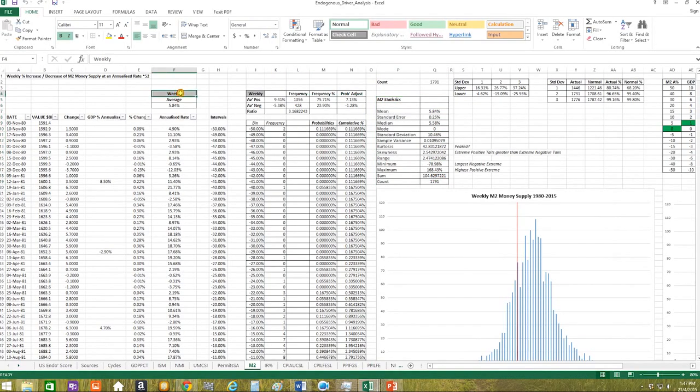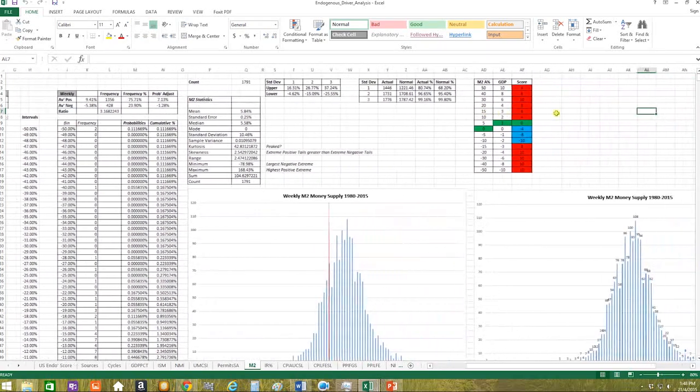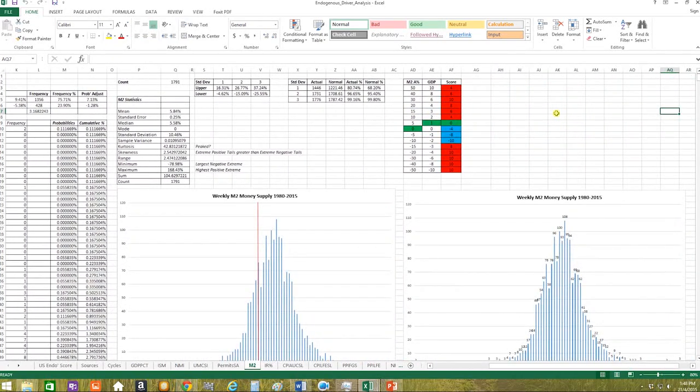We also work out our mean scores, so our average is over here. And we also have our comparison of this data in terms of the distribution relative to the bounds of a normal distribution. And then over to the right here, we also have our scorecard, which we will come to later.